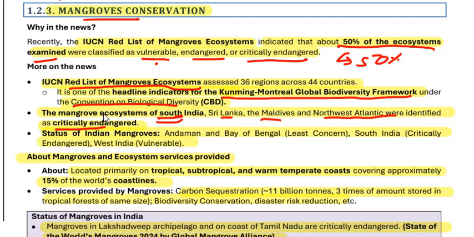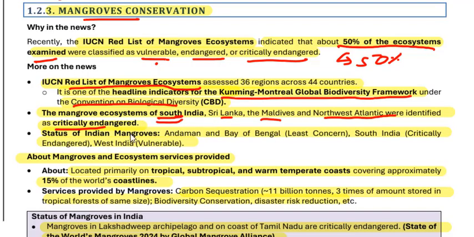They have also increased agricultural land in this mangrove region, using the area for rice cultivation and also for salt production. There is also development of tourism here, and of course the basic reason is climate change, which is impacting all these areas. So southern India has a more critical situation.